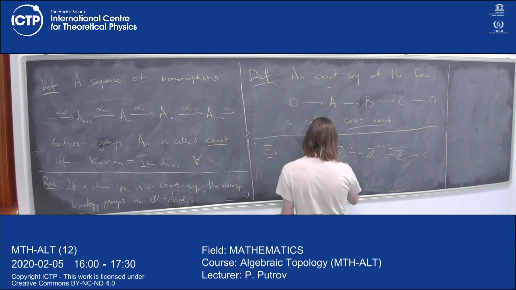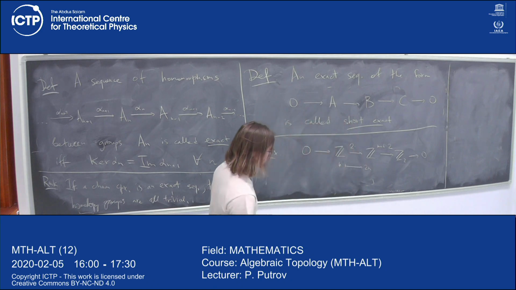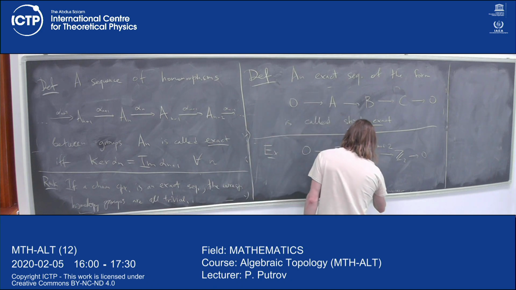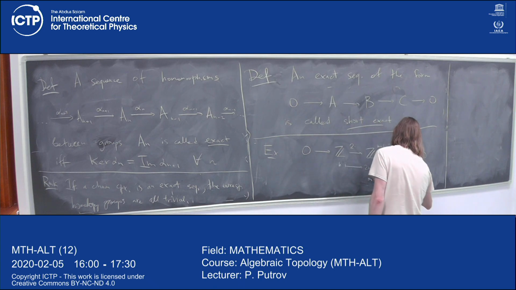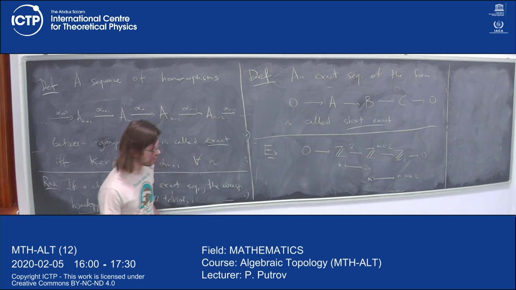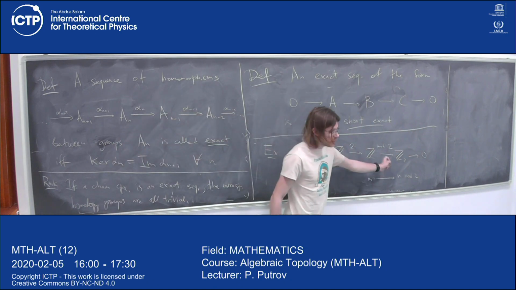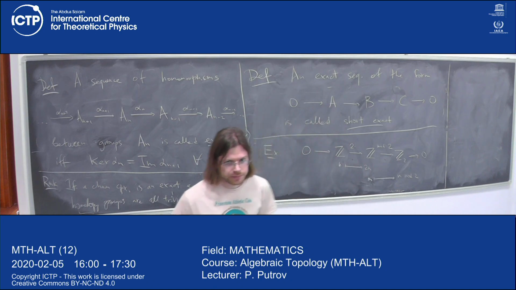Namely, an integer is sent to twice this integer, and then if I take some integer, we go to its class modulo 2. And you can see that the kernel of this map is exactly the image of this map.